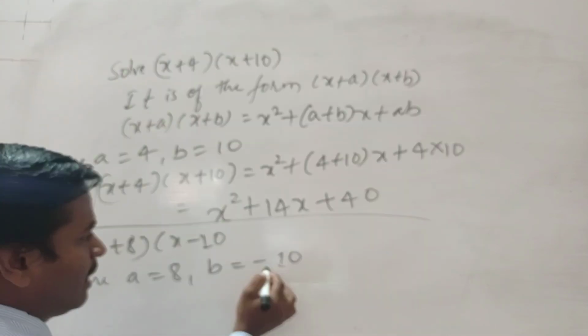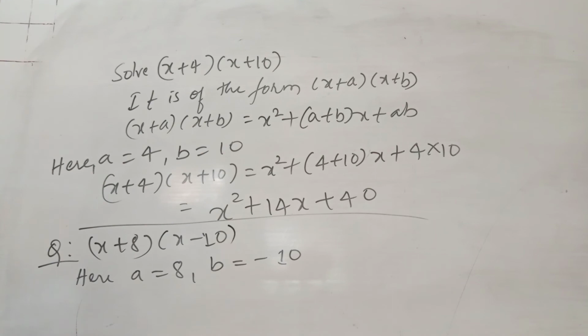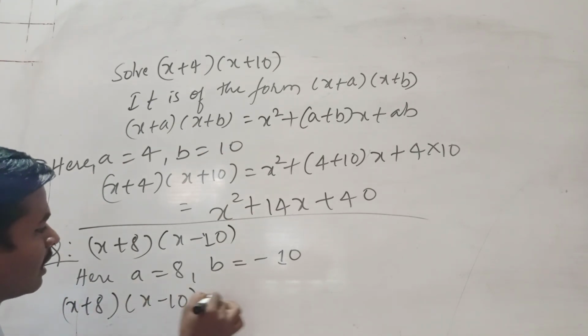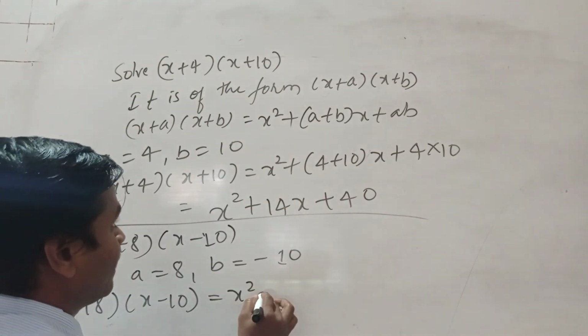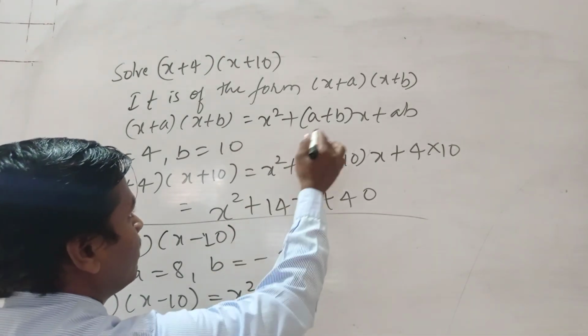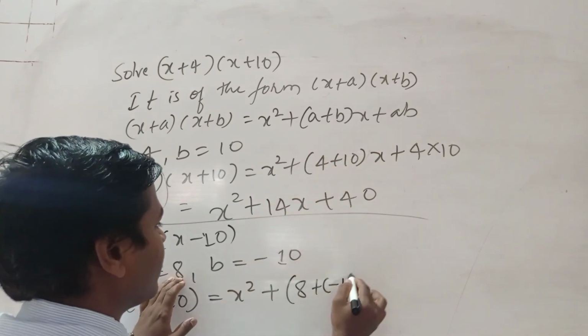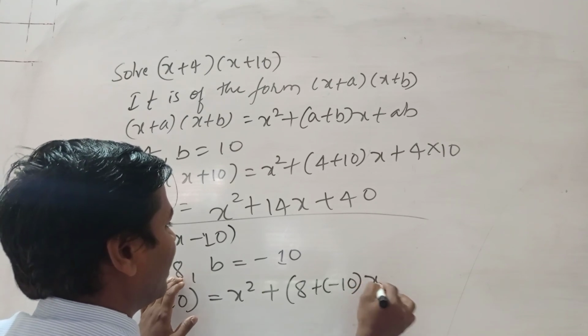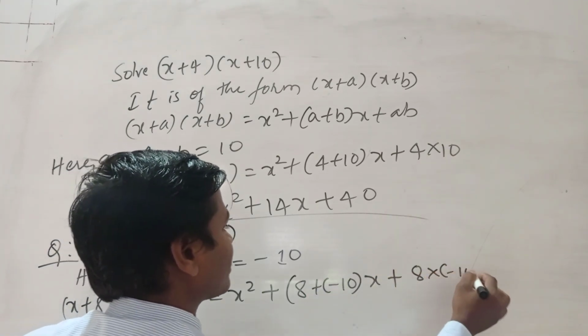In the place of b, minus 10 is there, because x minus 10 is there. Write in the expanded form. x square is there. Write x square as same, plus (a + b), 8 plus of minus 10, into x, plus ab, 8 into minus 10.